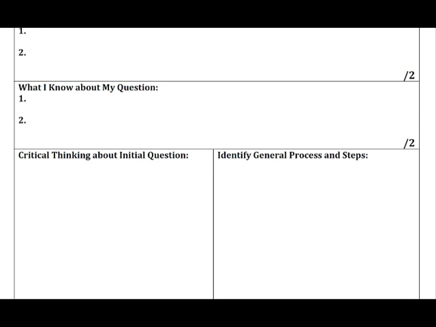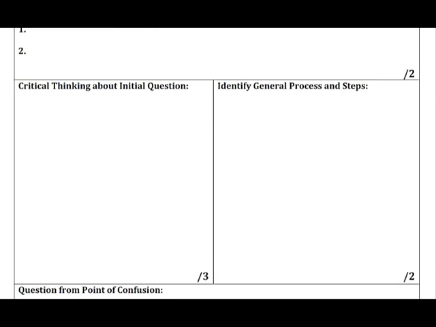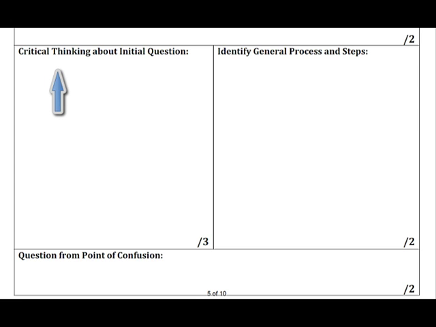Critical thinking about the initial question is next. To think through this step, students should look at their initial question and record their initial thinking in steps. They should be asking themselves, what can I show about my question? What does my textbook or notes say about this topic?